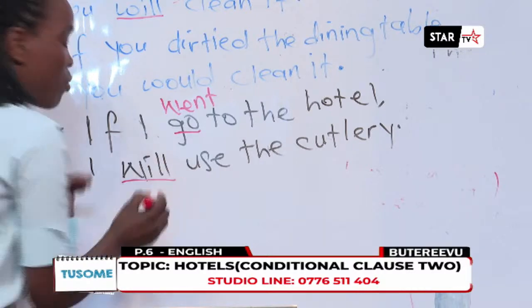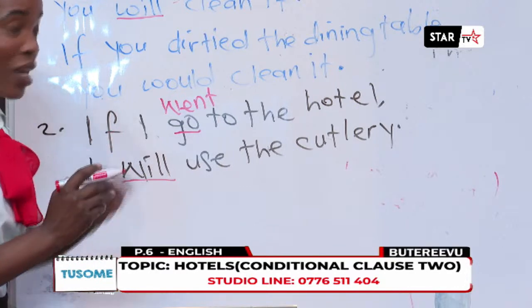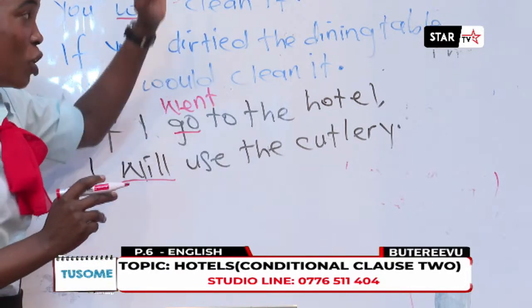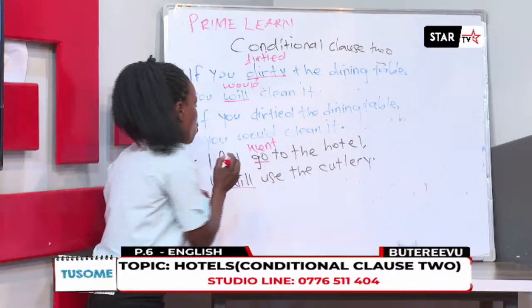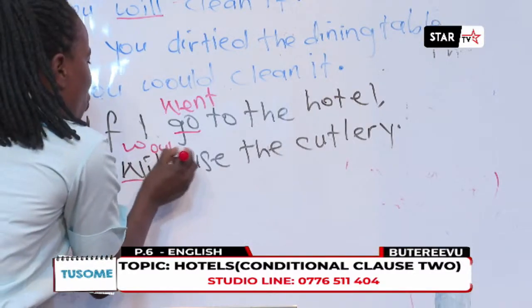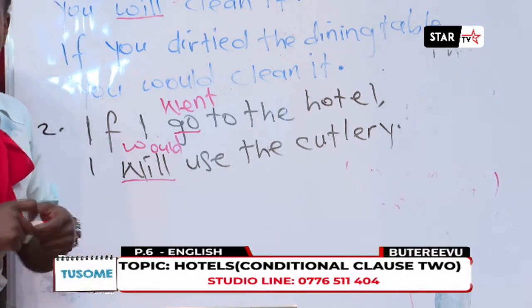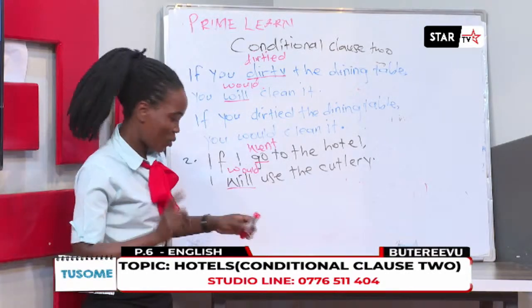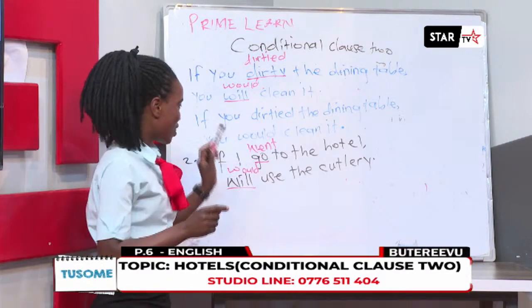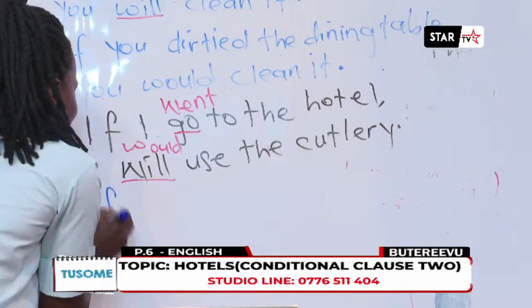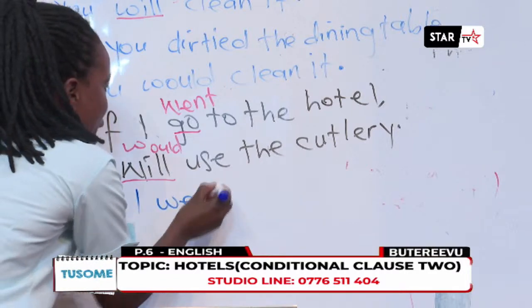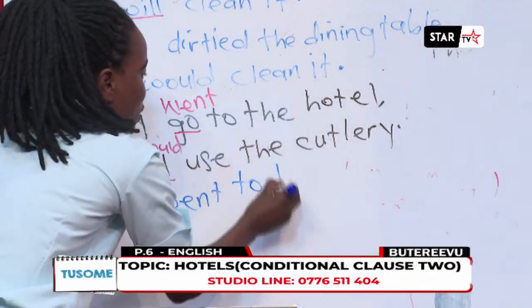Remember I told you that once you find will in the main clause and you are changing a sentence from conditional clause 1 to conditional clause 2, change this will to would. Having made all those changes, we are now ready to write our answer in conditional clause 2. And that answer of ours will be, if I went to the hotel.